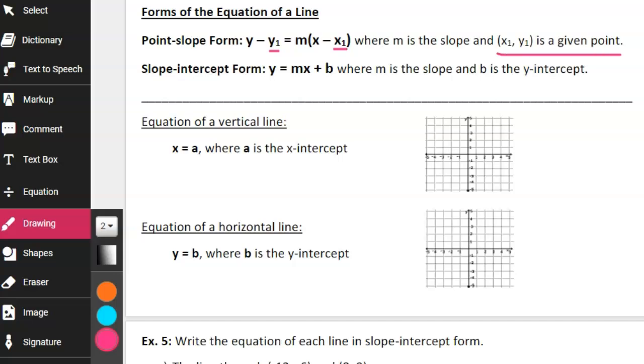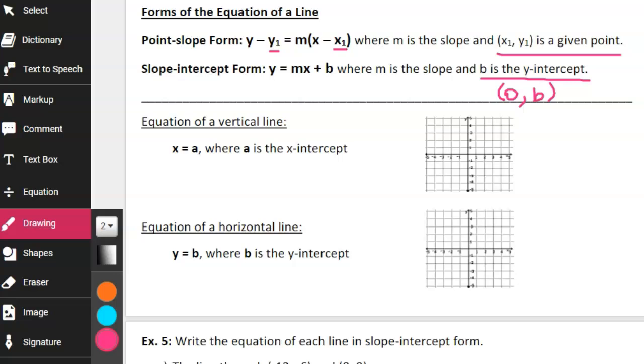So there's lots of different versions of point-slope form for the same line, because there's lots of different points that you can use. For slope-intercept form, there is only one version of that equation for the line. m is still the slope, but b is the y-intercept. Remember that the y-intercept is always going to be 0, and then some value for that y-intercept.